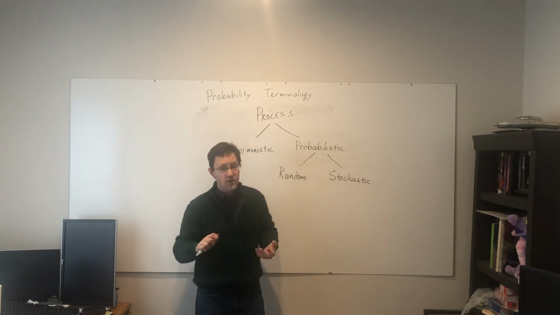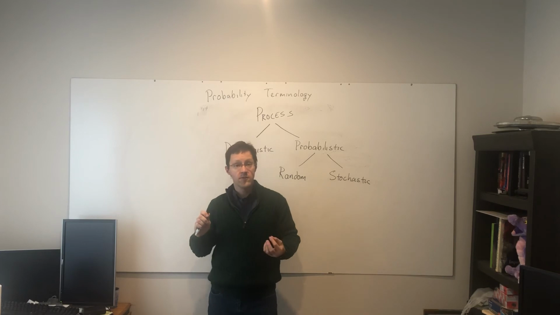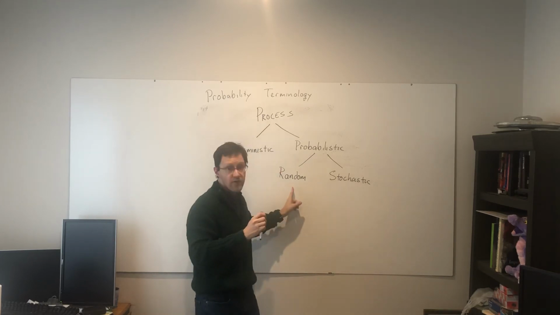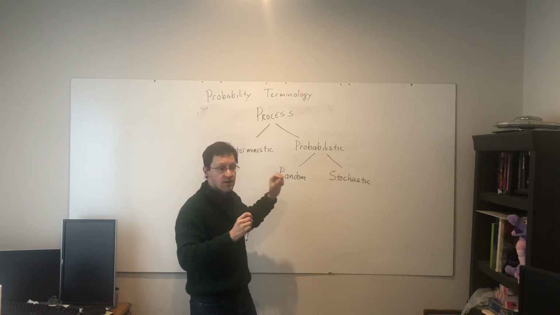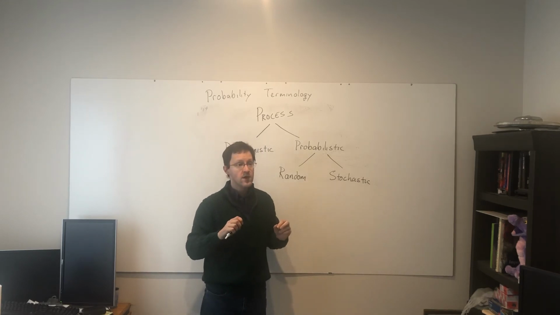Just as there are very few truly deterministic geographic processes, there are very few truly random processes as well. The random process is one that is purely governed by chance.